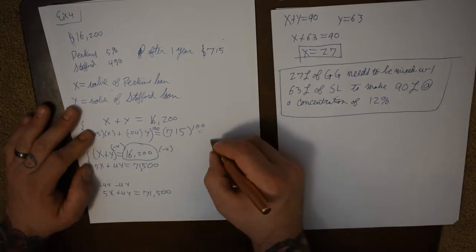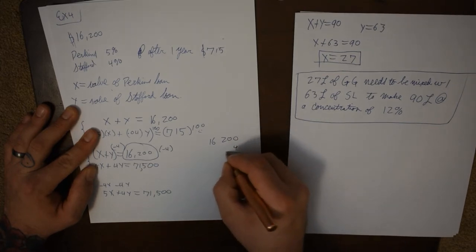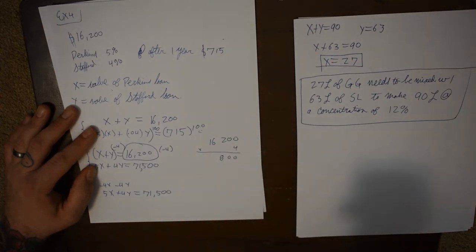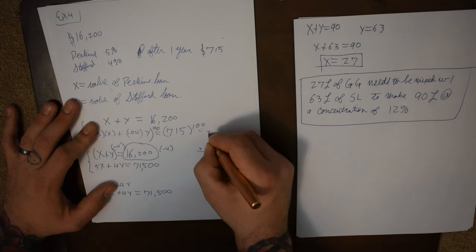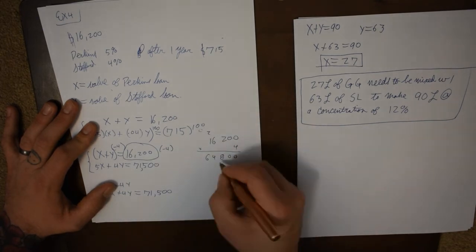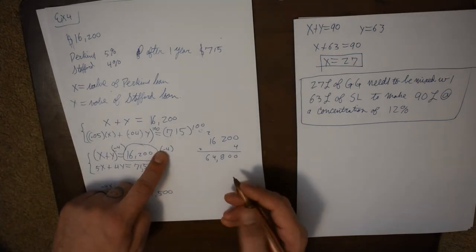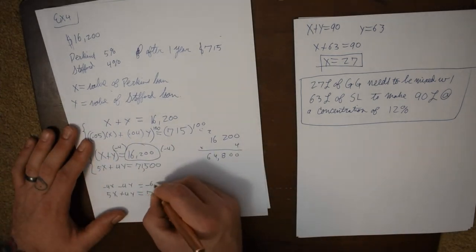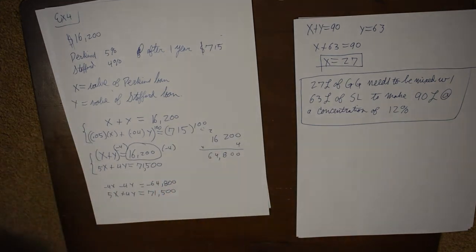And we need to multiply 16,200 by 4, which is 64,800, but we multiplied it by -4, so that would be equal to -64,800.